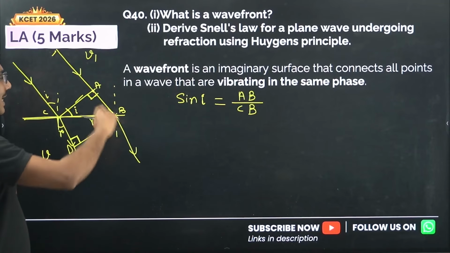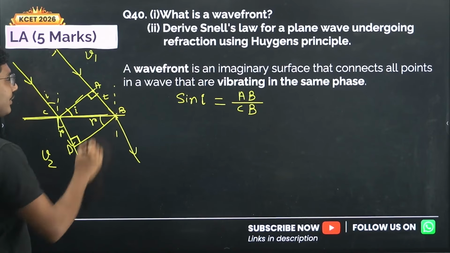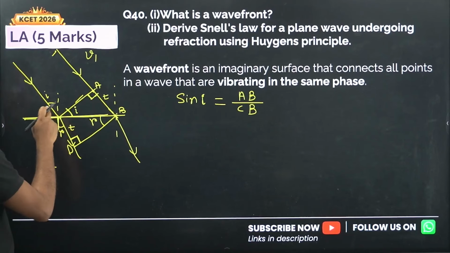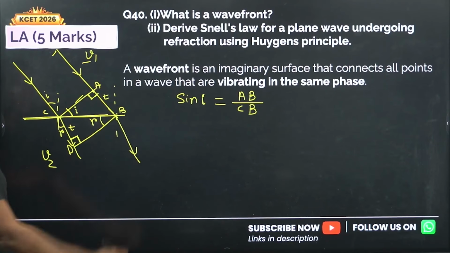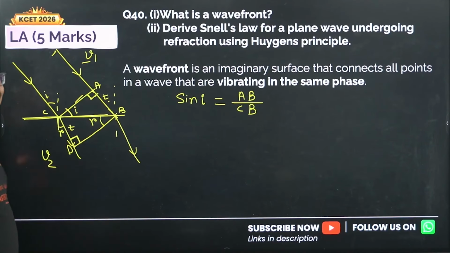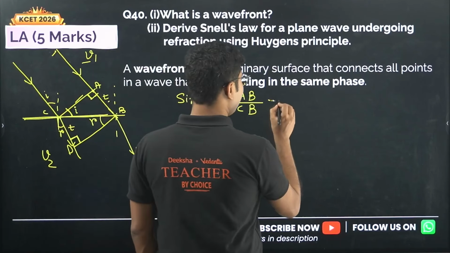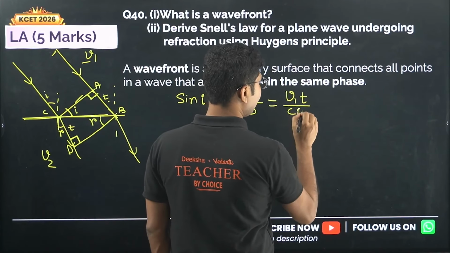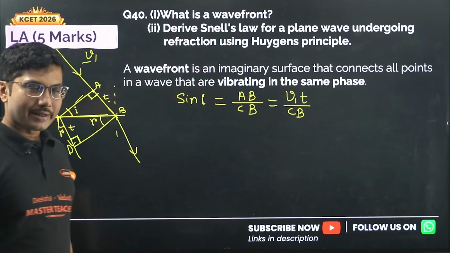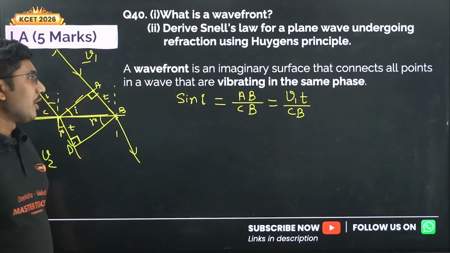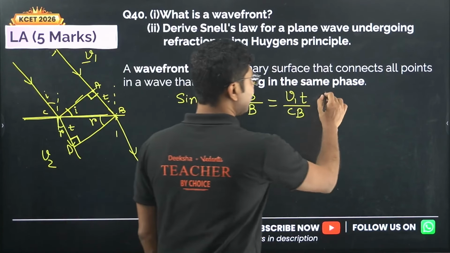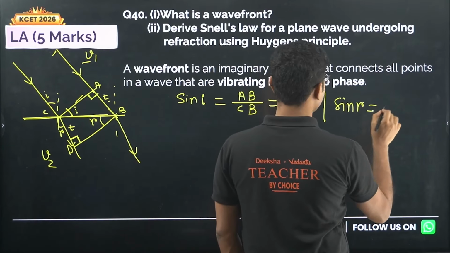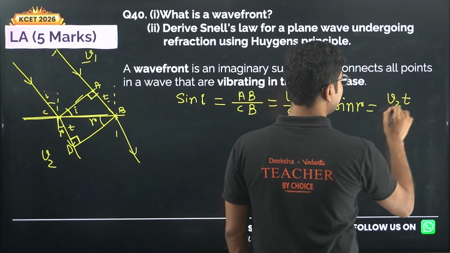Now what is AB? As I mentioned, the time taken by light to reach from A to B is the same as the time taken by light to reach from C to D. Now speed is V1, time is T, then we can write AB as V1T, so sine I is V1T divided by CB. Now what about sine R? Similarly we can write sine R will be V2T divided by CB.